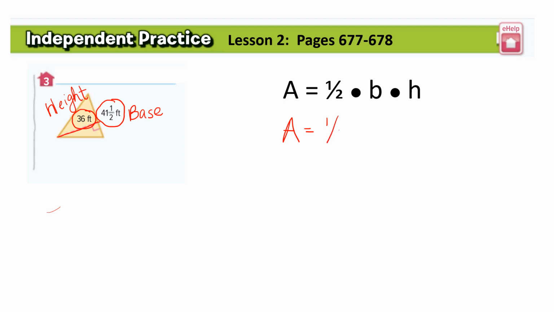So we can write these numbers in our formula. 41.5 feet times 36 feet. Now remember, you can always change the order of a multiplication problem, so I'm going to write it like this.